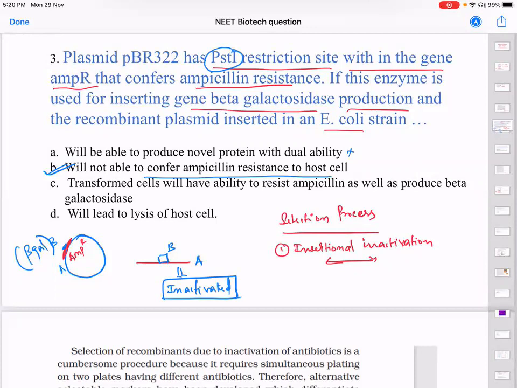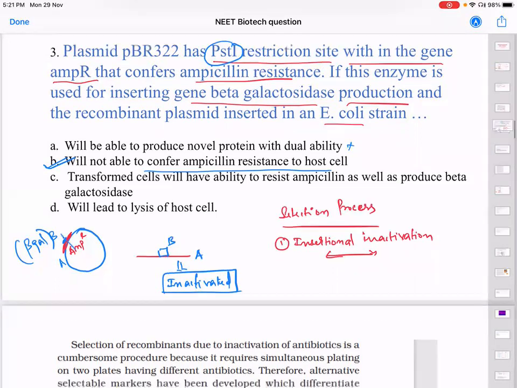The ampicillin resistance gene is going to have a site for the PstI restriction enzyme. So when you use that particular enzyme, a break will be created in which the beta galactosidase will be inserted. So that is also another concept involved here. Without a restriction enzyme site, this insertional inactivation is not possible. So before you insert, you have to create a break. How do you create a break? You have to use a restriction enzyme, right?